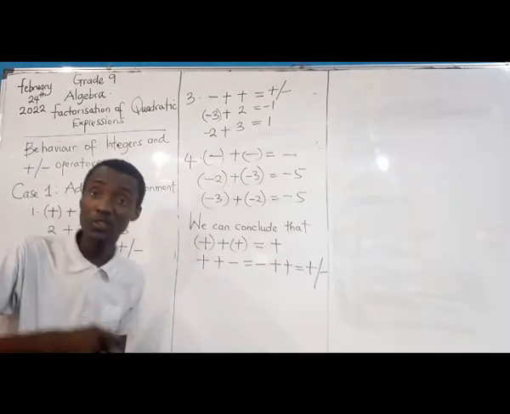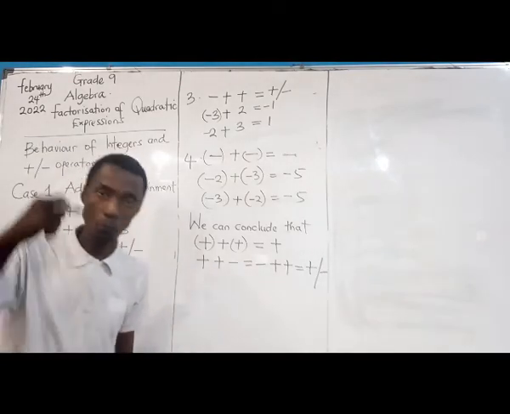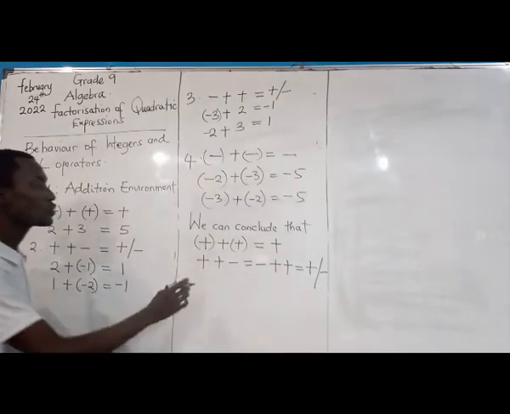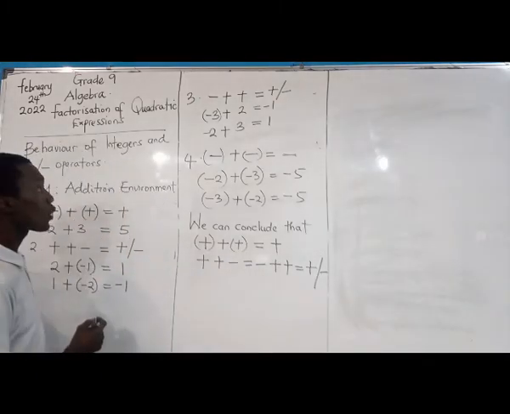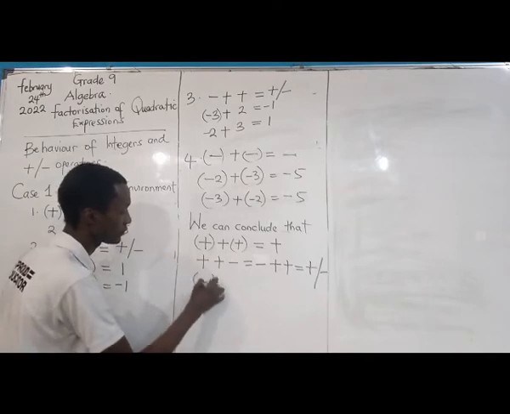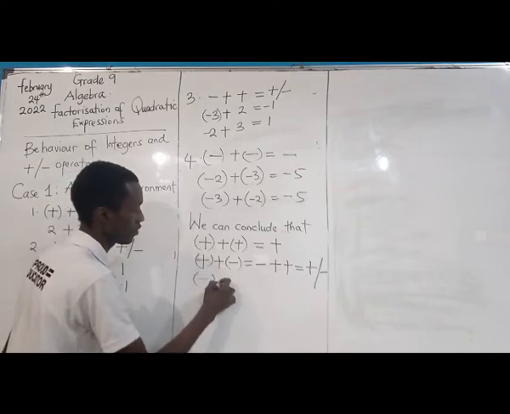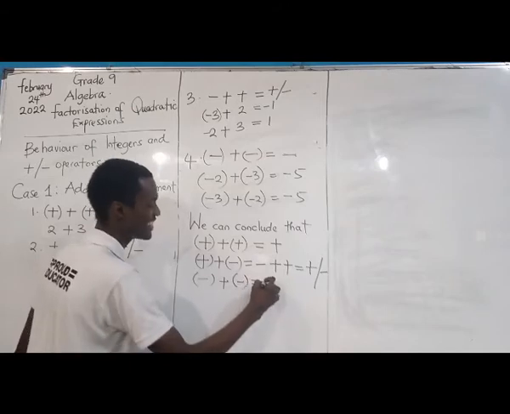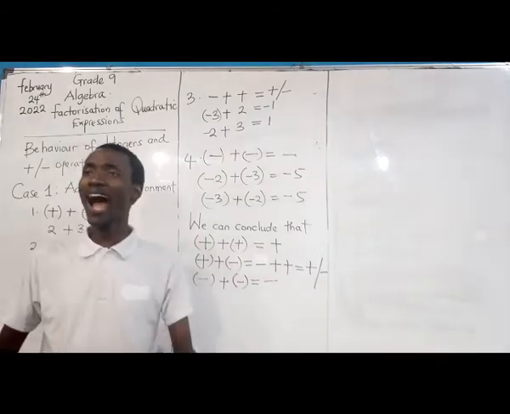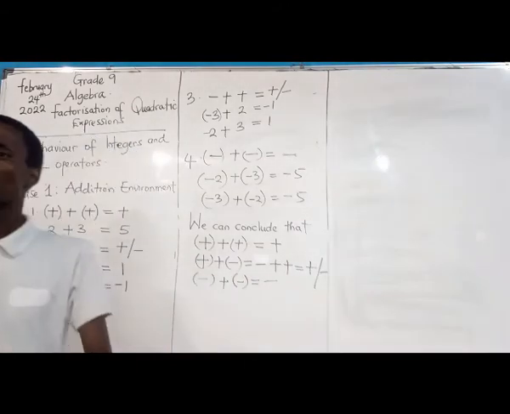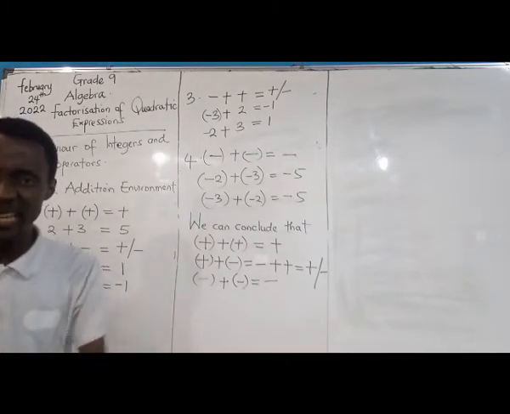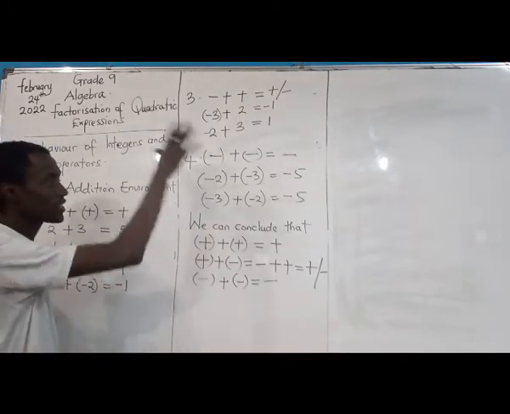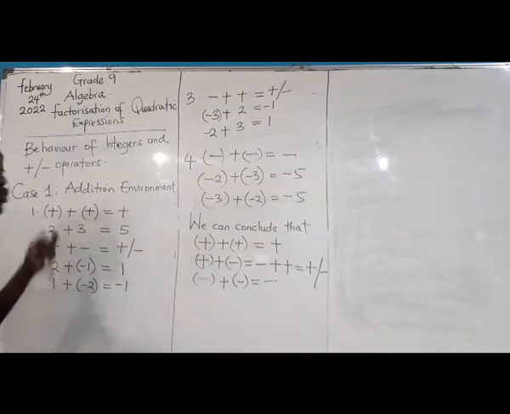If the positive is bigger, your answer will be positive. So that settles that one. The last one we took was that negative plus negative will give you negative. Anytime you add up two negative numbers, your answer must be negative. Alright, so that concludes this talk. We'll now go into case 2.